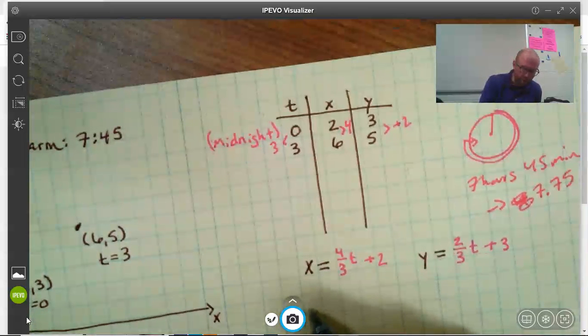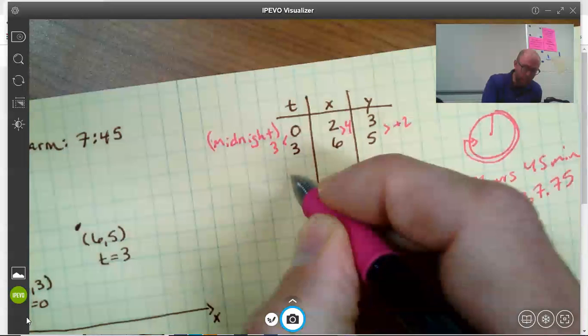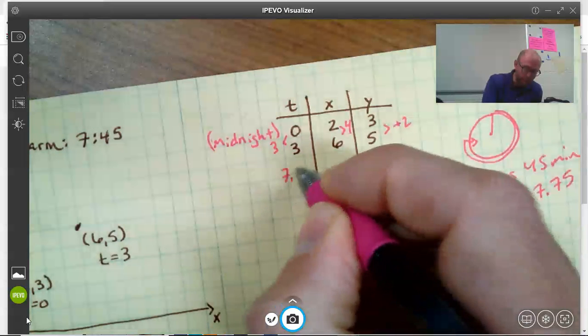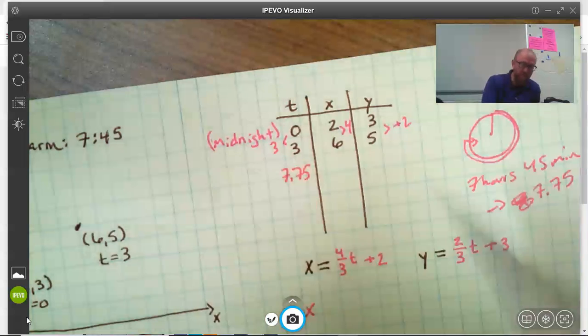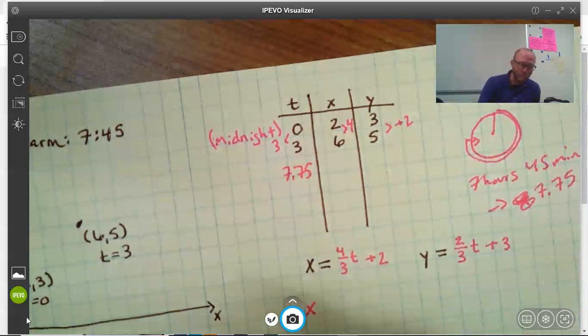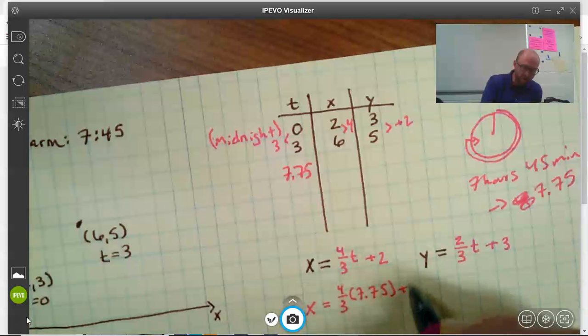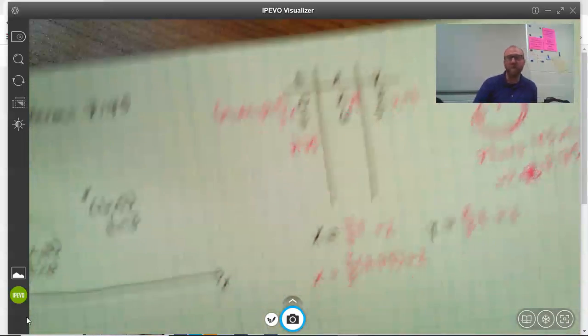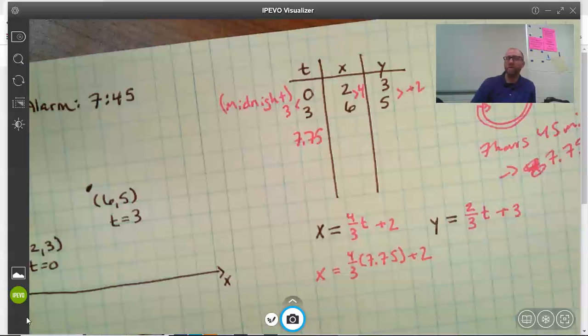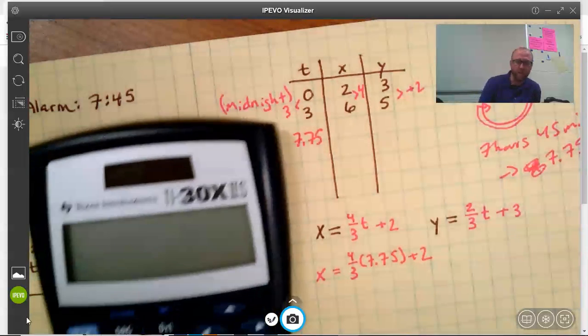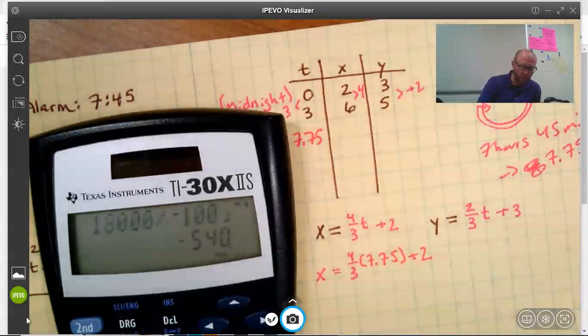So let's plug that in. We have our x output, and I'm going to put 7.75 here. So we have x equals 4/3 times 7.75 plus 2, and 7.75 is like 7 3/4. So you could turn that into an improper fraction if you wanted to, but the calculator should be able to handle everything here.